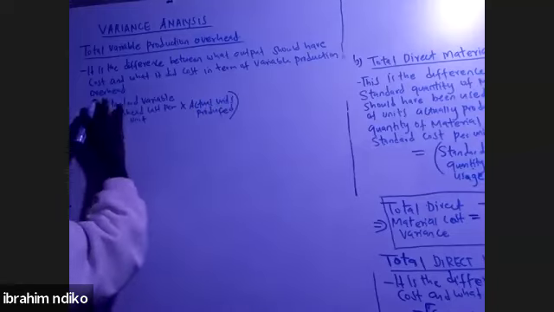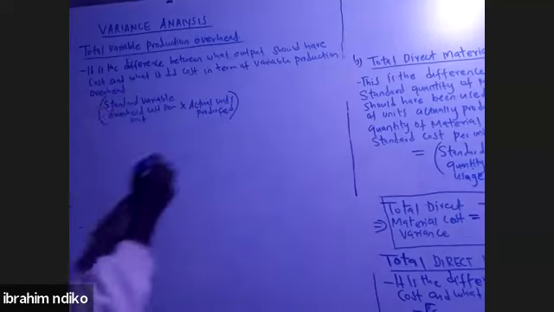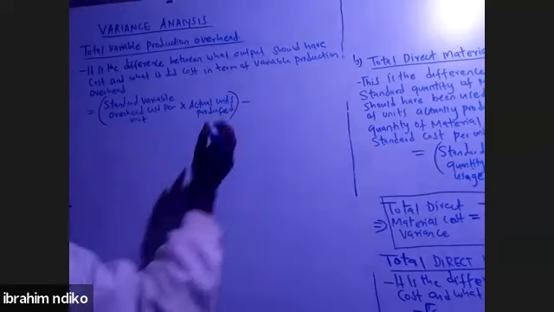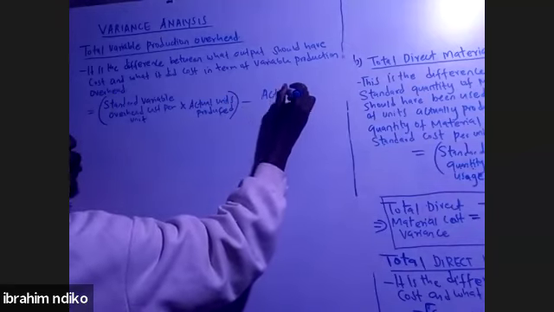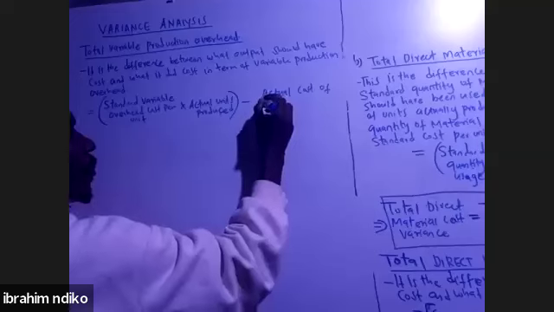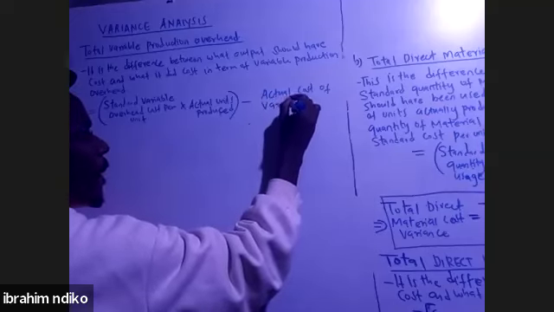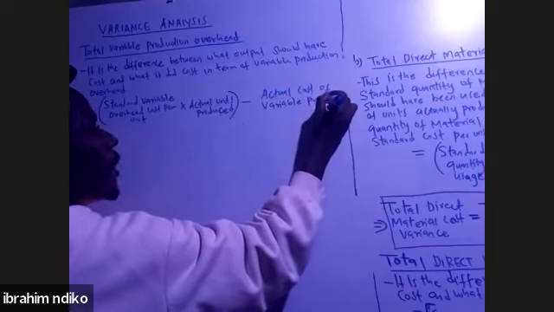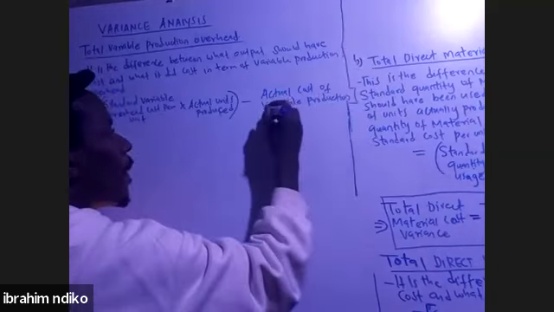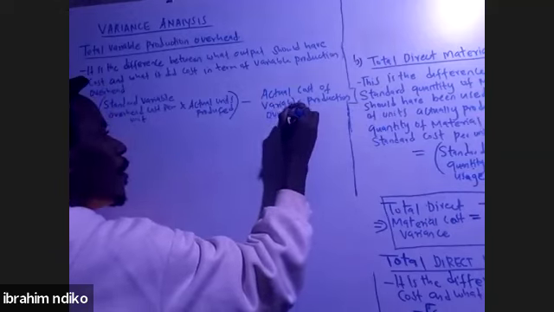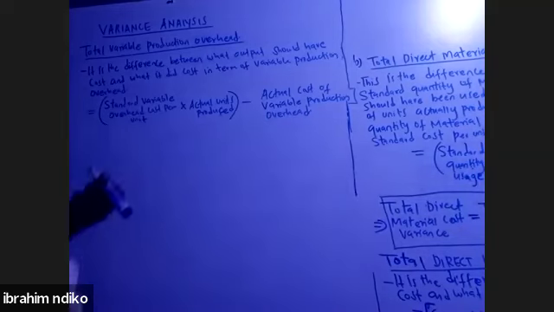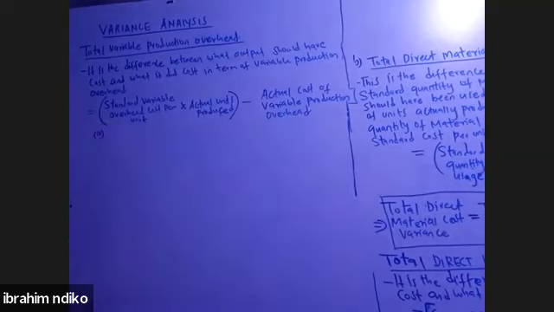Then everything we minus the actual cost of variable production overhead. Now we also have some parts here kama tumesema kule nyuma.